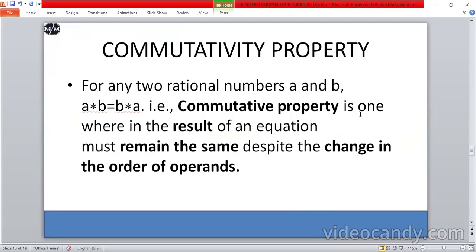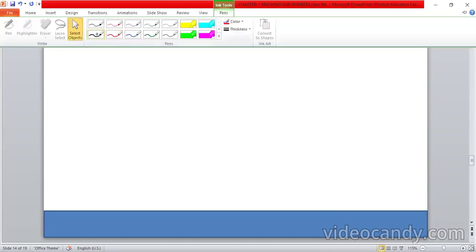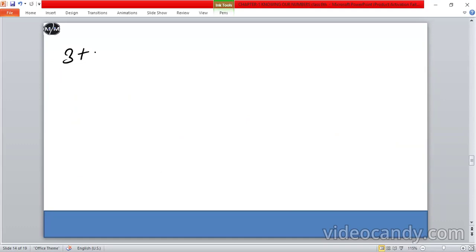If you change the positions, means if you put B at the place of A and A at the place of B, if the answer does not change, it means it follows the commutative property. Like we'll take an example. 3 plus 2 is 5. 2 plus 3 equals to 5.